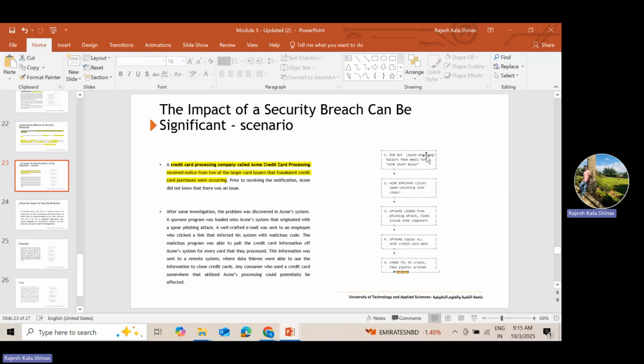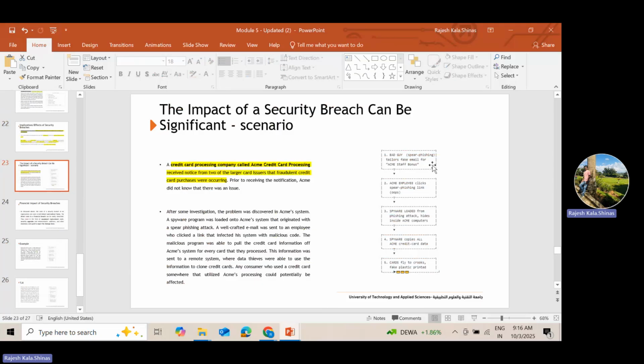The bad guys sent a phishing email, a fake email about a staff bonus, to the staff in the Acme company. The employee clicked that phishing link. Oops, what happened? Spyware, malware, a virus was downloaded to the computer, and they copied all the details about the credit card users' data.